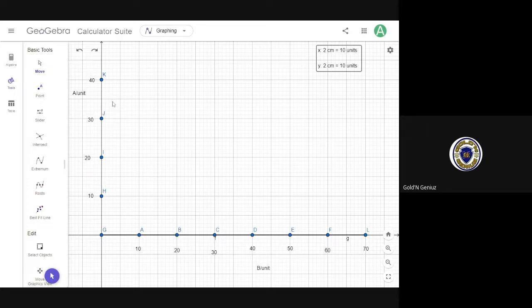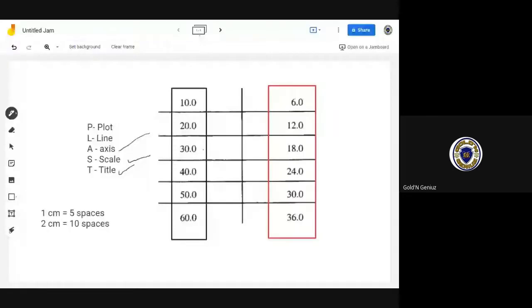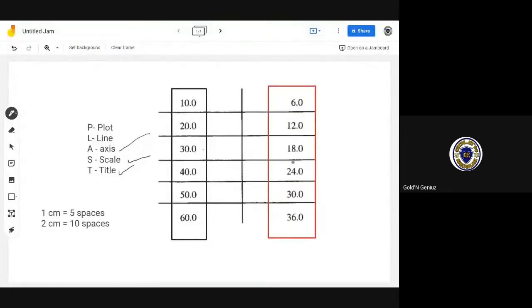Now it's time to plot. And when we go over, I love to advise students to use these values first. All right.